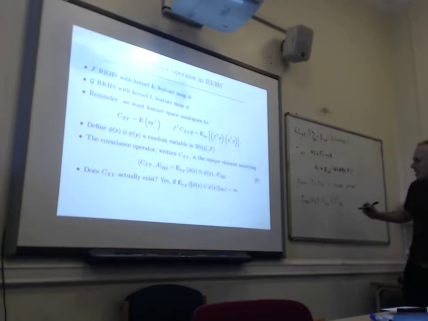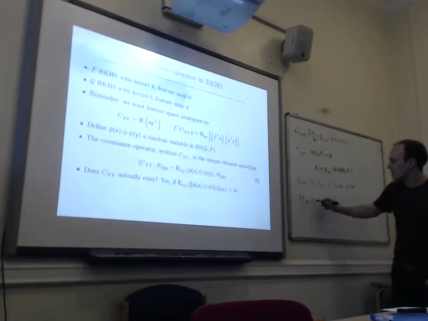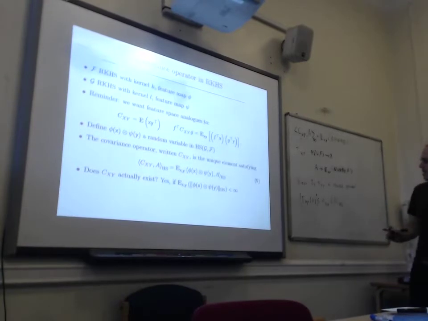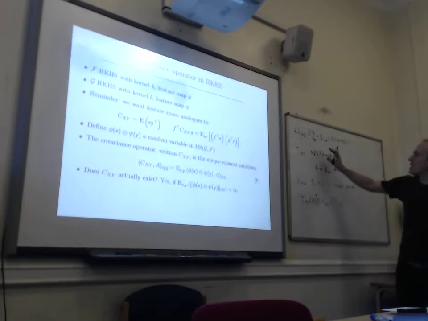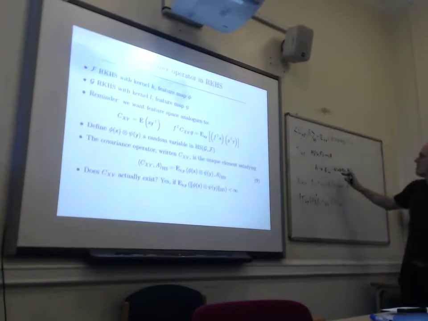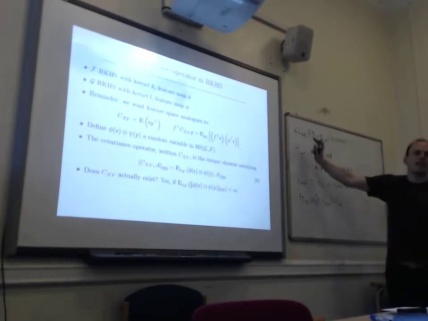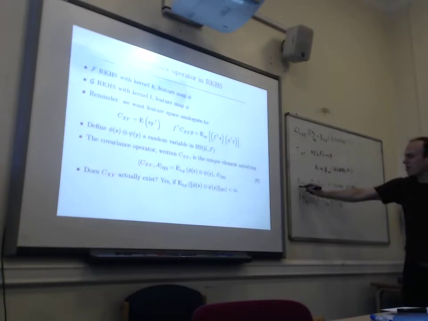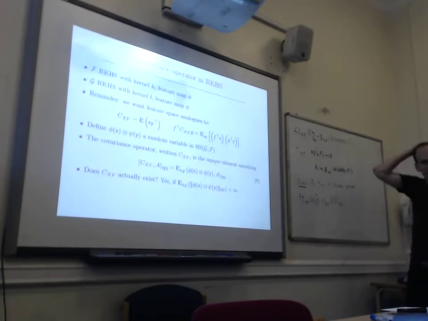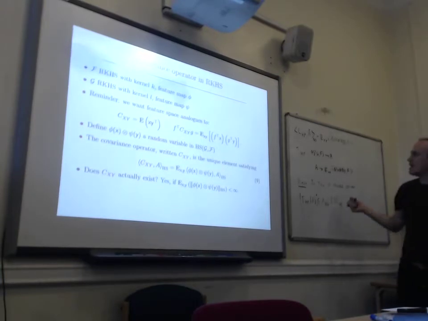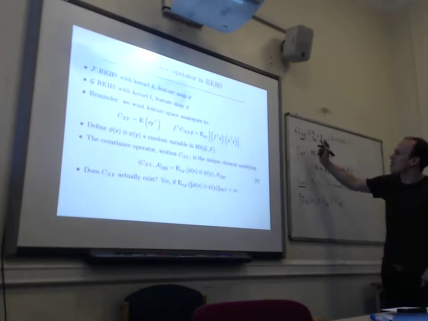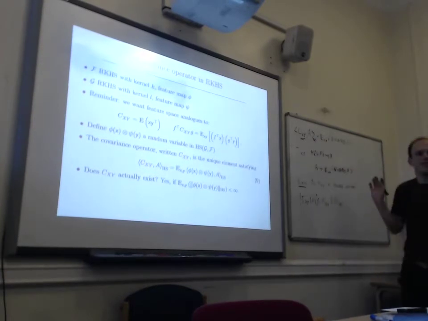And I should actually put an absolute value around here. If this is true, then I can write this operation as an inner product with some element. This is what the Riesz theorem tells me. This is exactly the same theorem that I used to determine whether the mean embedding existed, but now I'm using it to determine whether the covariance operator exists. This is the difference.